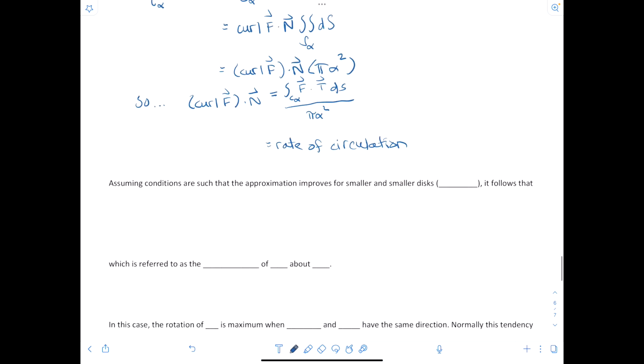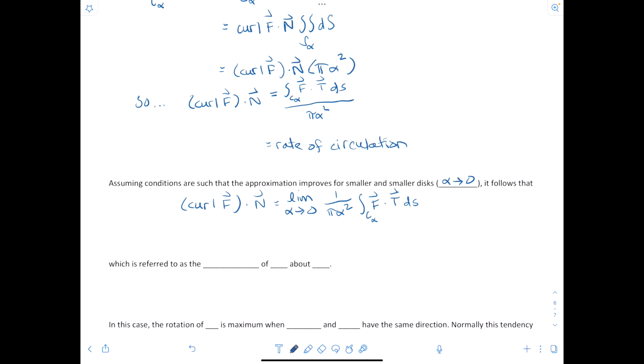Pretty cool. All right. So assuming conditions are such that the approximation improves for smaller and smaller disks, so alpha approaches 0, it follows that the curl of f dot n is equal to the limit as alpha approaches 0 of 1 over pi alpha squared times the integral over C alpha, our line integral, of f dot t, so the vector field times that tangential component of f ds.